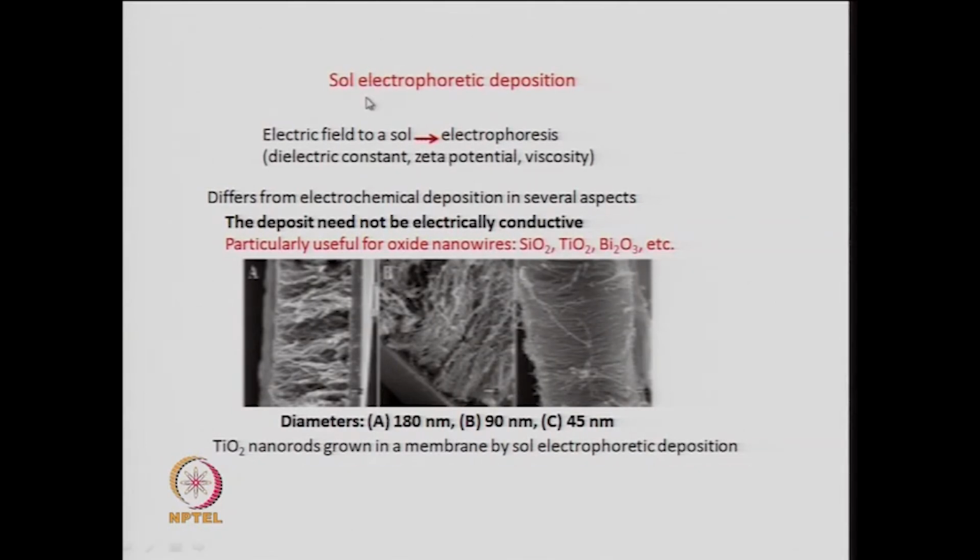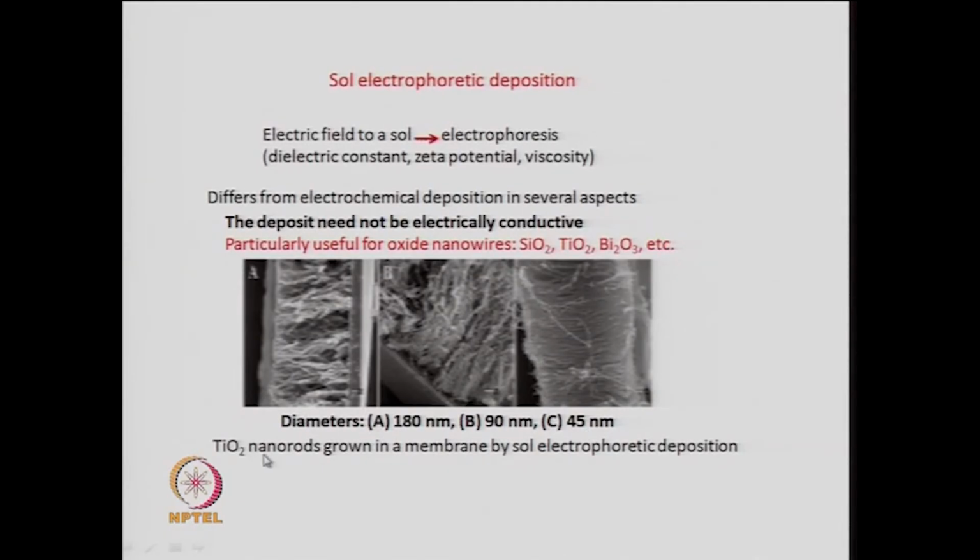So, the Sol electrophoretic deposition method becomes an ideal method to look at the deposition of such wires, and such examples are shown here with diameters in this case of around 180 nanometers, 90 nanometers, and these are very fine wires of these oxide materials of around 45 nanometers.